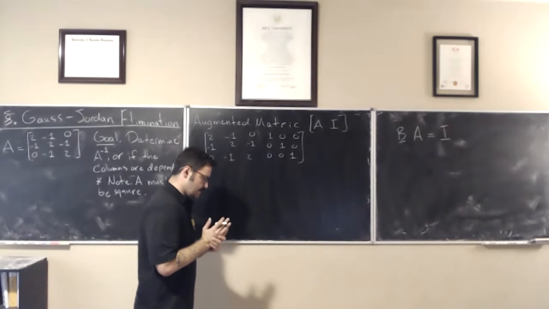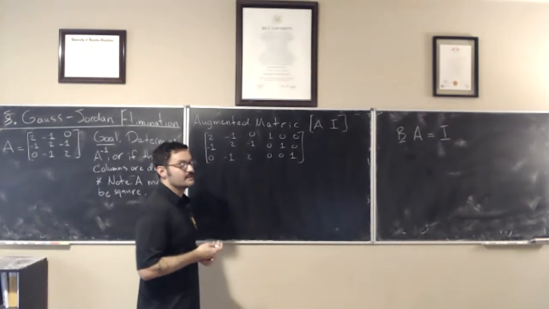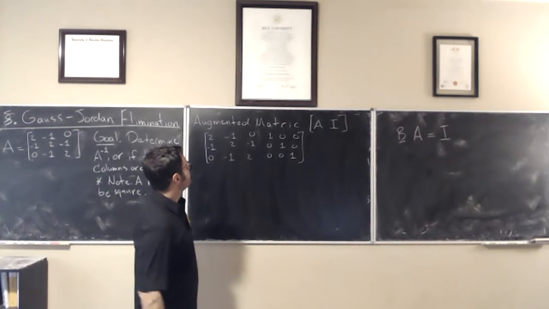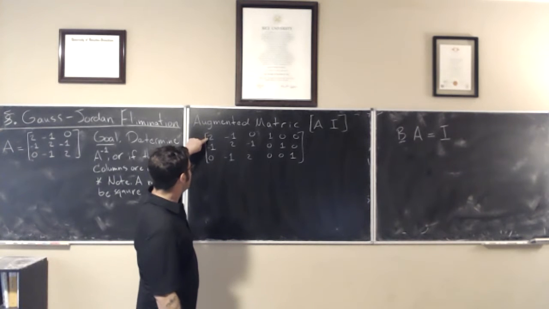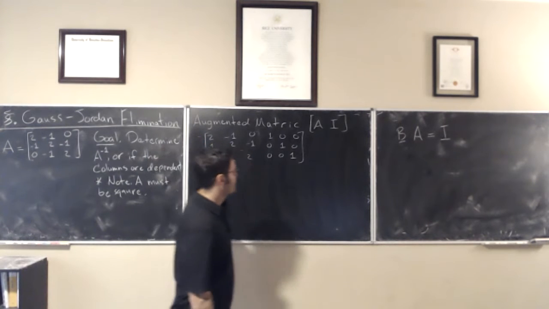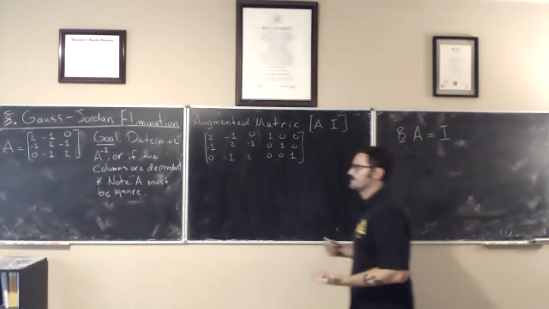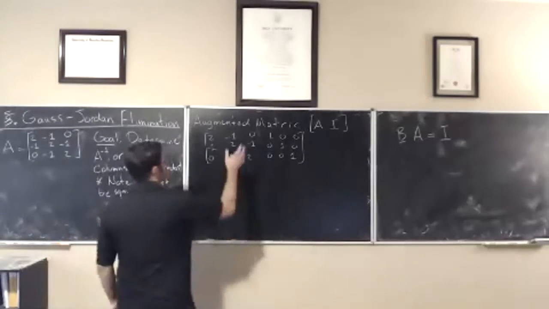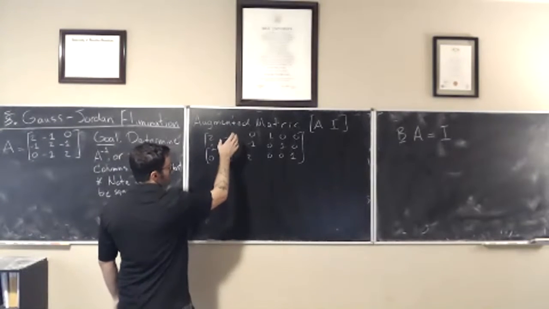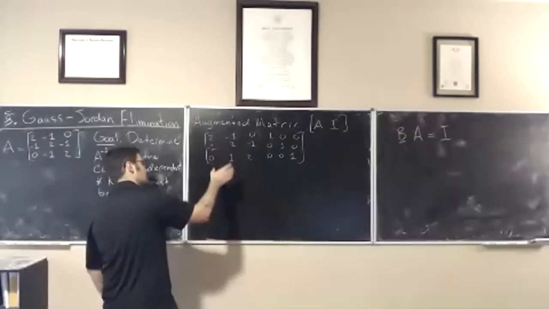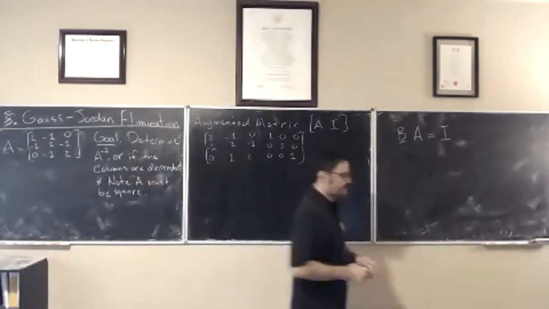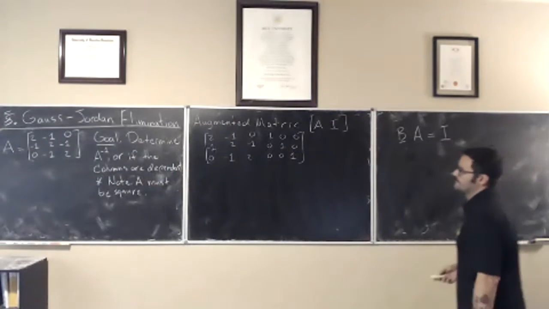So here's the goal. As before, we want to produce ones on the diagonal. And the rules that we're allowed to use are that we can multiply by scalars and add any combination of the rows together. Okay?